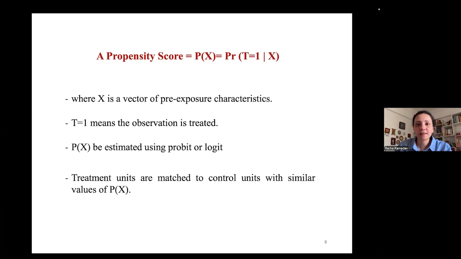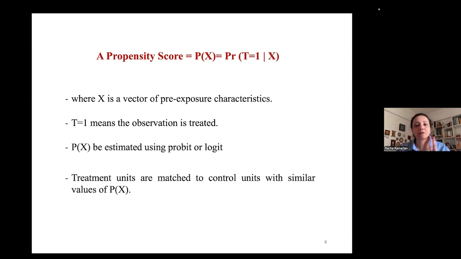And P(X), as I mentioned, is the probability of being treated, or benefiting from this program, or being selected into this program based on the characteristics X, and this will be estimated using probit or logit methodology, as we will see. And after estimating this, of course, we'll have different values of P(X). So we'll have the propensity score of the different individuals, those who benefit from the program and those who do not benefit from the program.